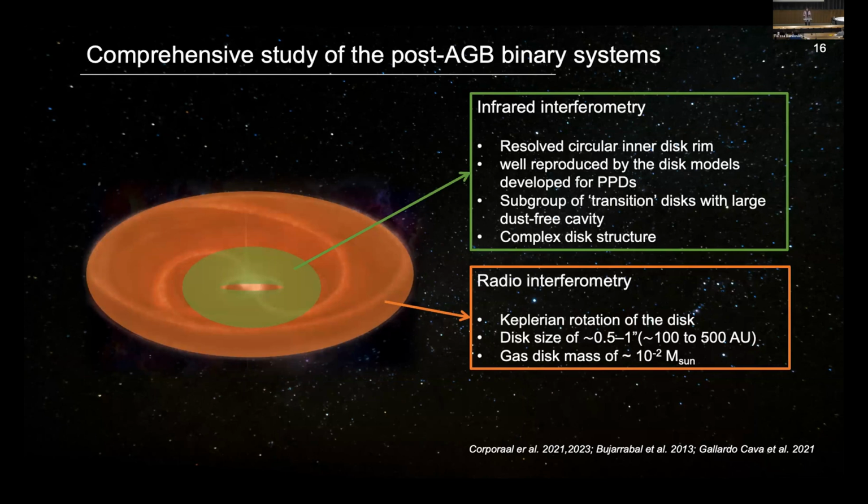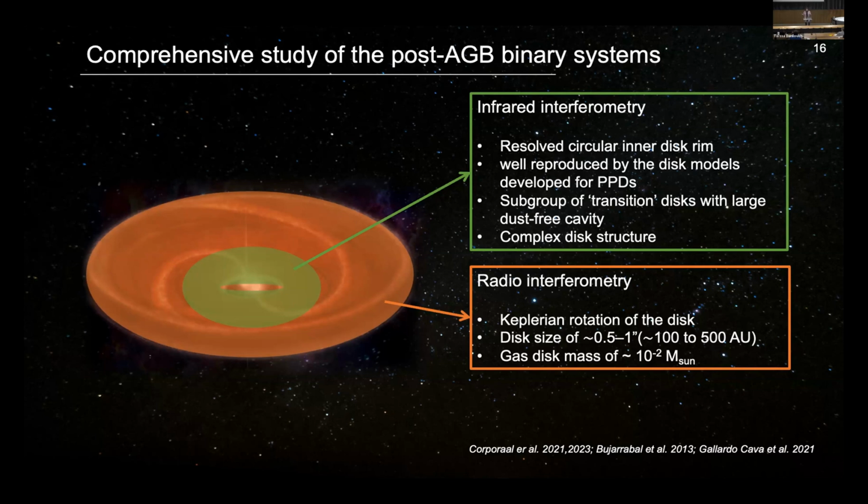However, a recent study has shown that, similar to protoplanetary disks, we can separate a group of transition disk targets within the post-AGB disk sample, where the dust inner rim is not located at the dust sublimation radius, where it should be by theoretical predictions, but much further away. And when I say much further, it can be up to 7 times larger. So we do have a large inner cavity for a subgroup of disks.